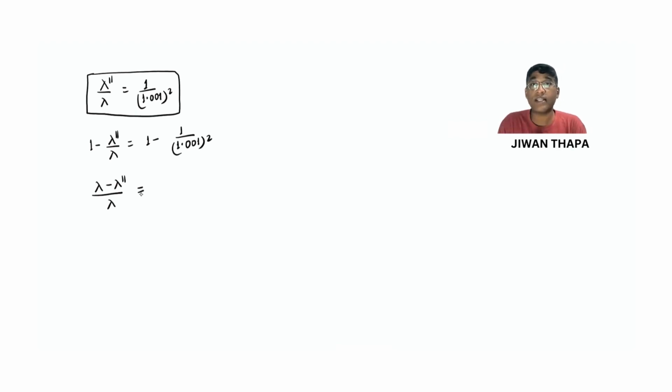Now let us find the right hand side. So we have 1.99 times 10 power minus 3.